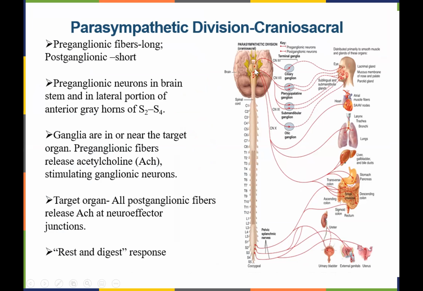The first nerve, the preganglionic fiber, is very, very long, and the postganglionic is very, very short. The preganglionic neurons are in the brain stem and in S2 to S4 here, the sacrum. The ganglia are located inside the target organ itself, or very close to the target organ. The neurotransmitter is acetylcholine.